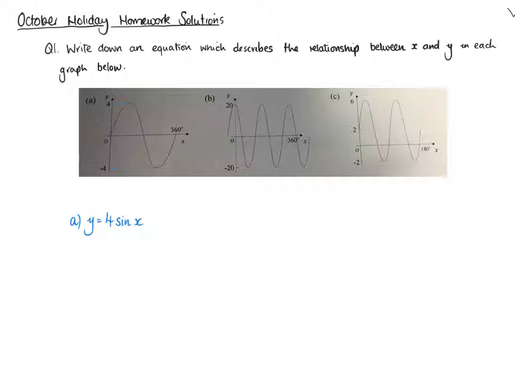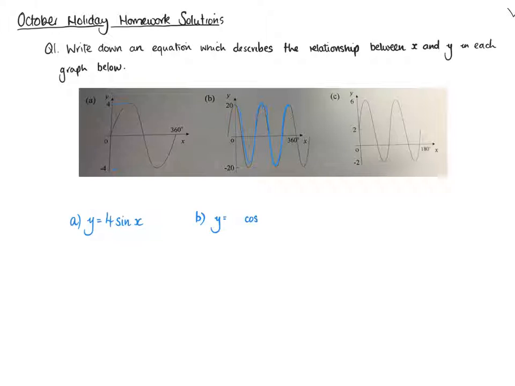Right, so for part B, it's still y equals this time, because our graph starts at our maximum and then goes down. We know that it's going to be a cos graph. We've got 2 waves in 360.